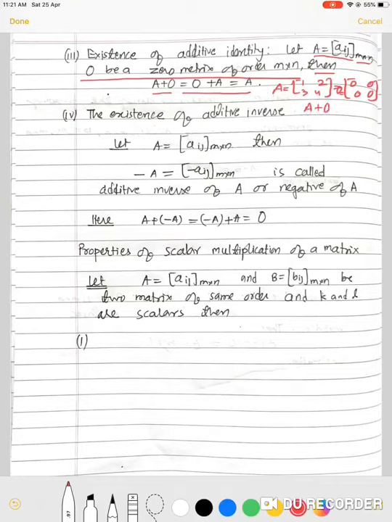A plus O is equal to 1 plus 0 means 1, 2 plus 0 means 2, 3 plus 0 means 3, 4, equal to O plus A is equal to A. Okay. Now next is the existence of additive inverse.